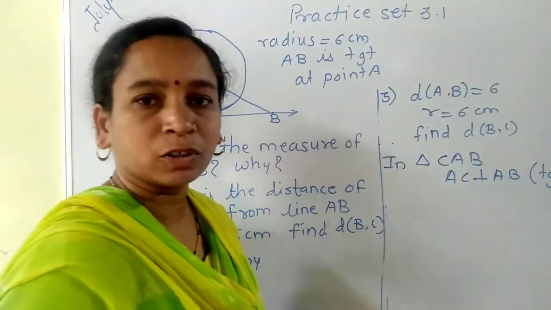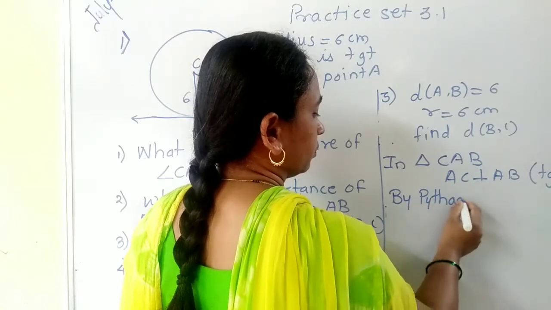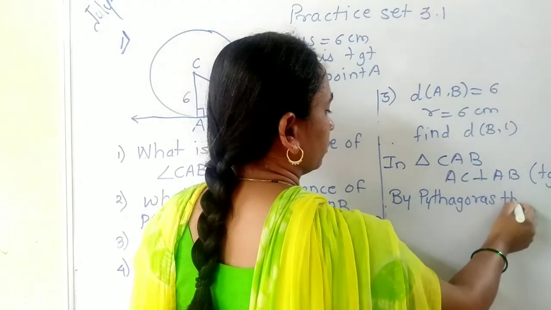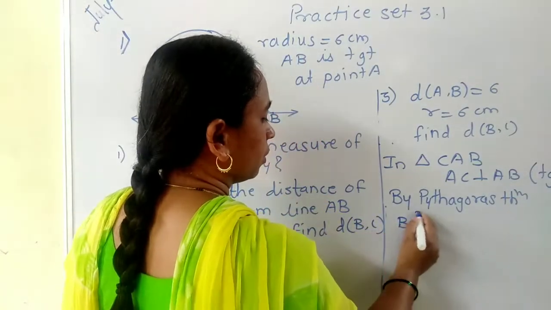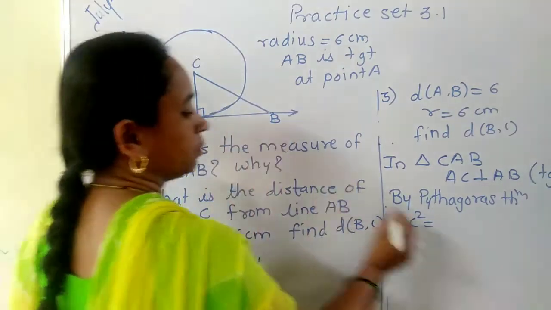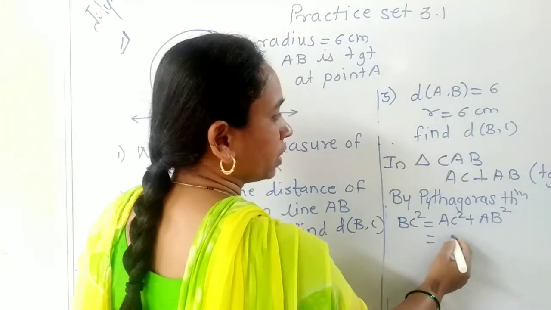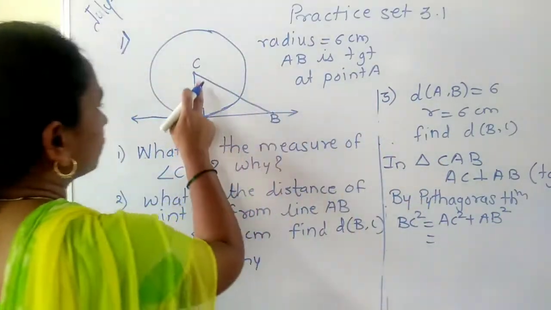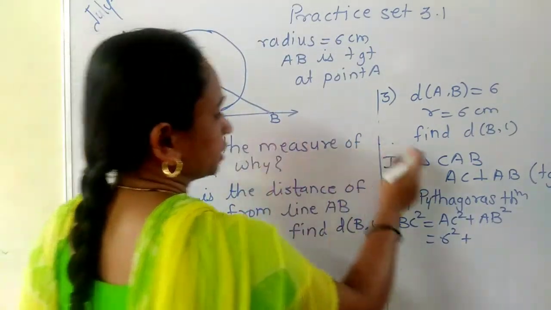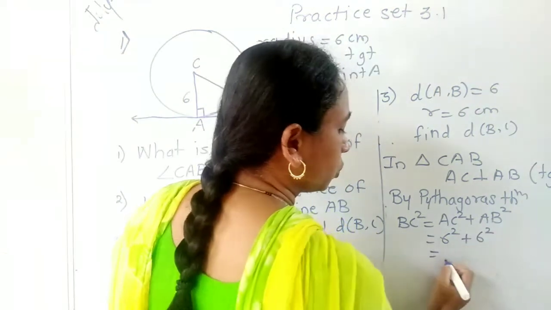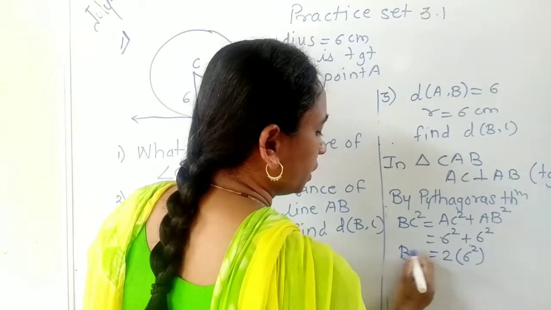By Pythagoras theorem, hypotenuse square, that is BC square, is equal to AC square plus AB square. AC is given 6 cm radius, plus AB is 6 cm, so 6 square plus 6 square. So it is 2 times 6 square. So BC square.